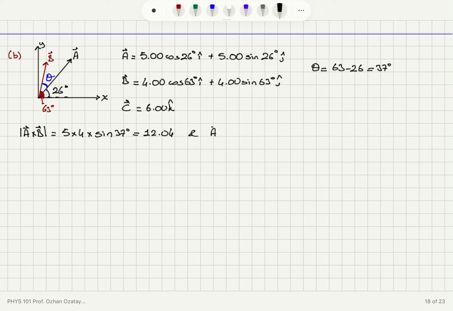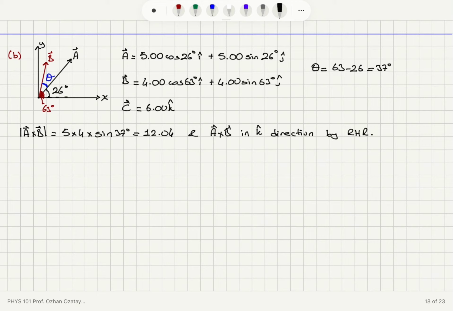And A cross B, if you use the right-hand rule, you go from A in the counterclockwise direction towards B with your right hand, and your thumb points in the k-hat direction. So A cross B is in the k-hat direction, found by the right-hand rule.